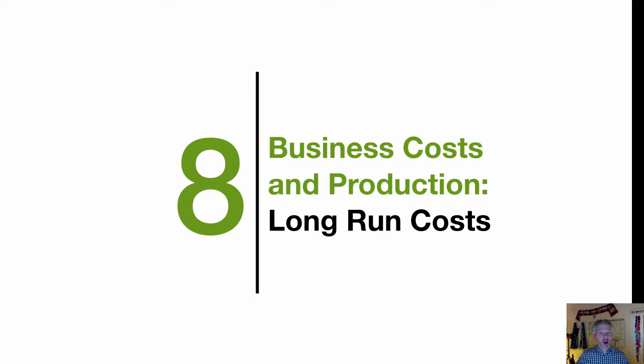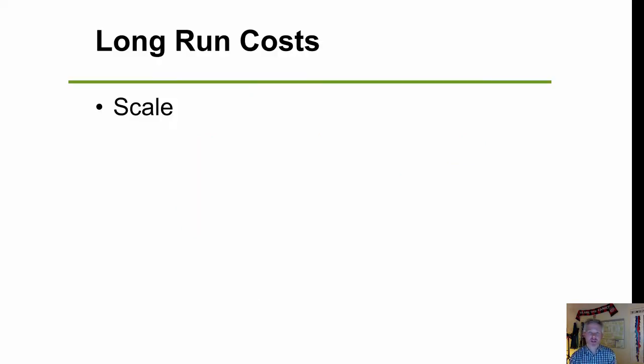Because in the long run, we consider all cost to be variable, right? Firms can change the amount of warehouses they have, the amount of factories they have in the long run. So in the long run, there aren't two different kinds of cost for the firm. There's only one.